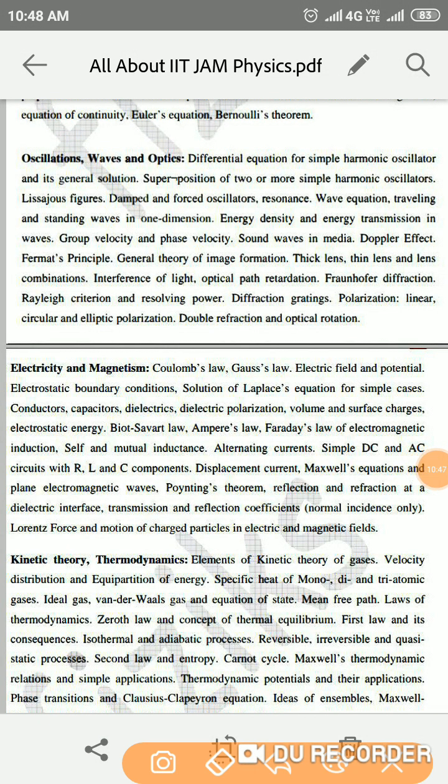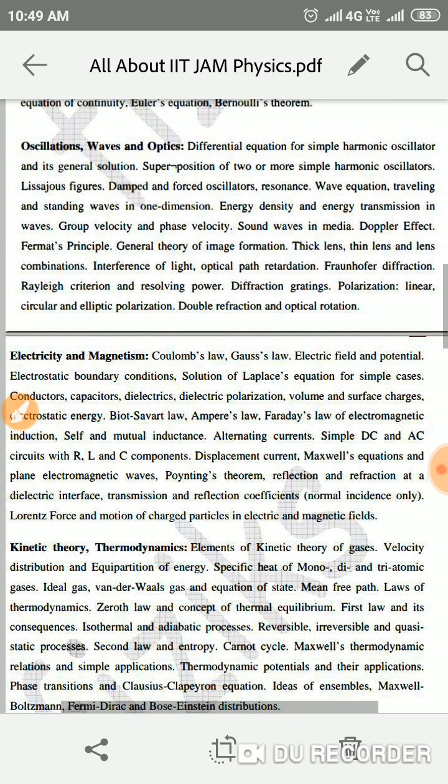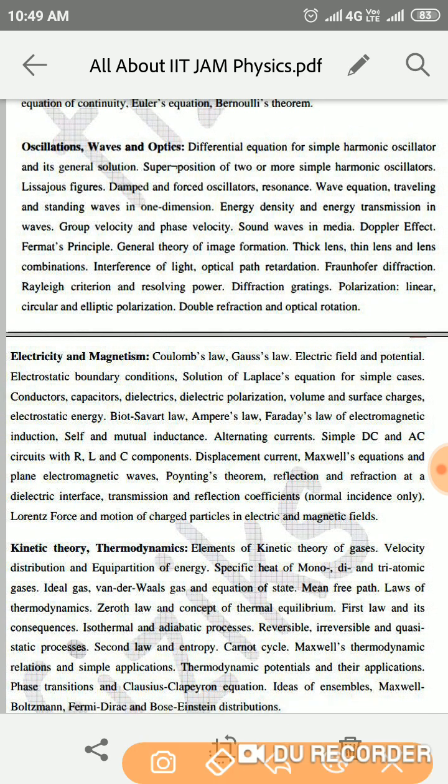Now moving to the next topic, that is oscillations and waves. In the oscillation part, you have to know how to solve the differential equation of a simple harmonic oscillator and what its solution is. Then you should also study superposition of two or more simple harmonic oscillators.